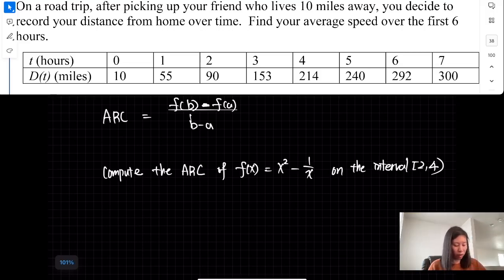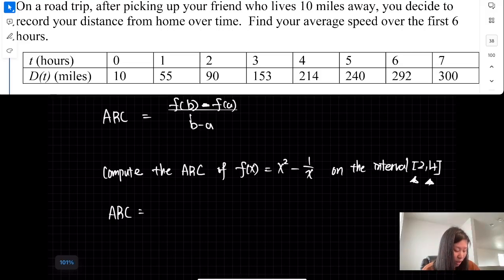Oh, I should include 4. All right, so what is the average rate of change? Again, it is y1 minus y2 over x1 minus x2. Here x1 is 2, x2 is 4.